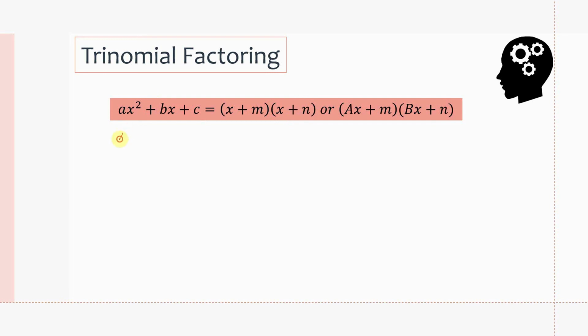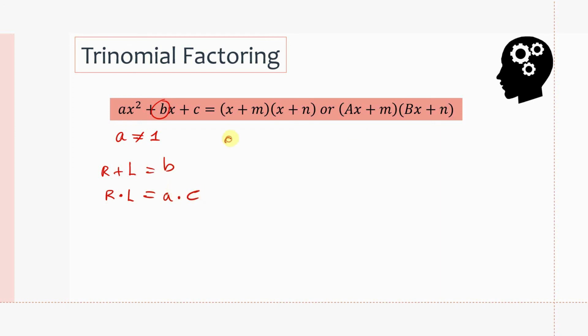And if a does not equal 1, we want to find two numbers that add to b and multiply to a times c. So if the numbers are r and l, then r plus l must equal b, and r times l must equal a times c, right?